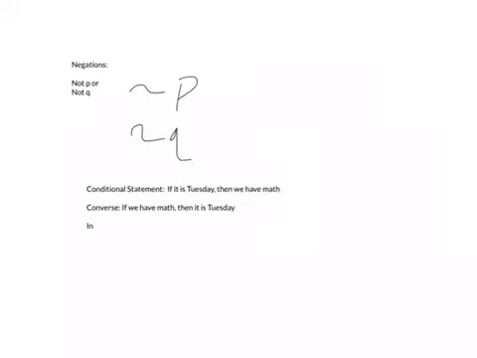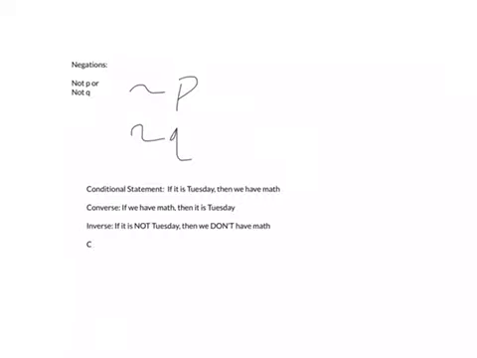There's also the inverse. The inverse is created by negating the hypothesis and the conclusion. In this case, it would be if it is not Tuesday, then we don't have math. See how I've negated both the hypothesis and the conclusion?